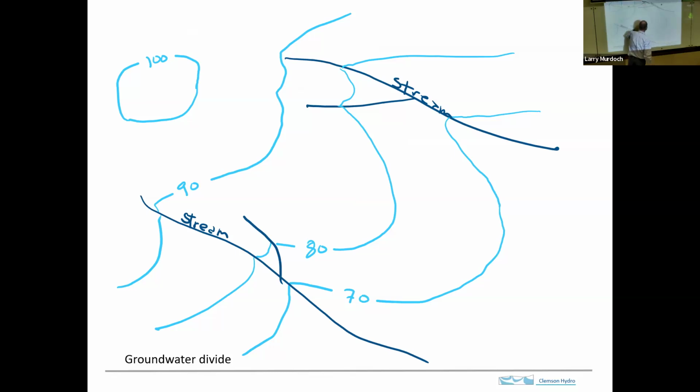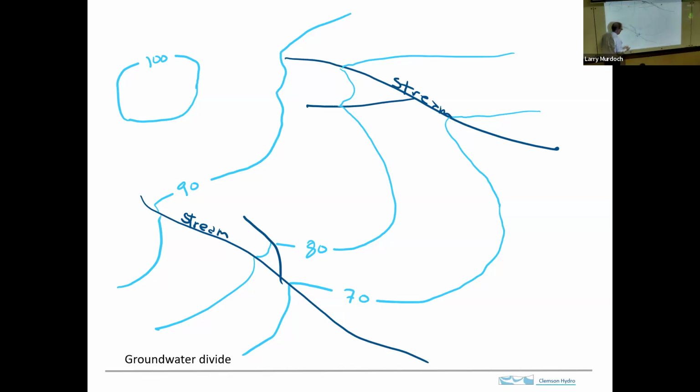Now here's just an example of contours on the water table. Here's the stream, and you can see the stream. This is the first order stream up here, and they're merging. So the flow direction of the stream is like that. The contours here are pointing upstream. So that's implying that we have flow like that.